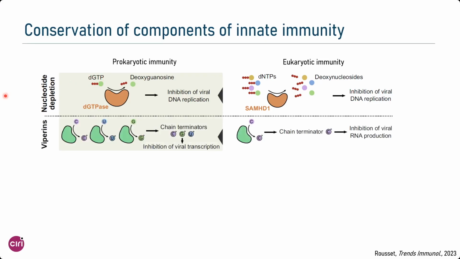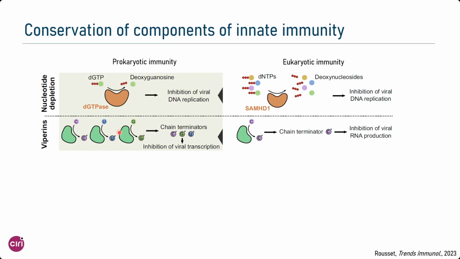Another example is that of viperins, which are enzymes also found in humans that take the nucleotide CTP and remove one of the OH groups to make a chain terminator. So when it's incorporated into a nascent RNA chain, it completely blocks the incorporation of the next nucleotide. And similar enzymes also exist in prokaryotes that defend against phages.